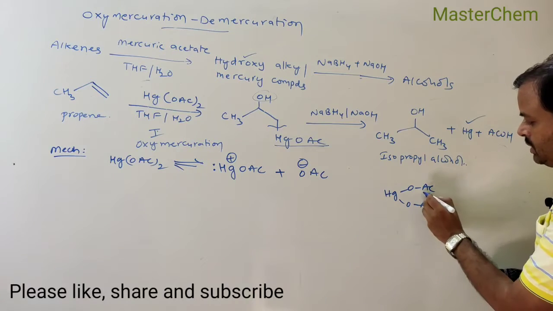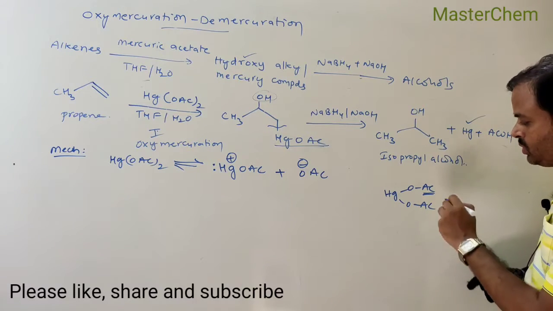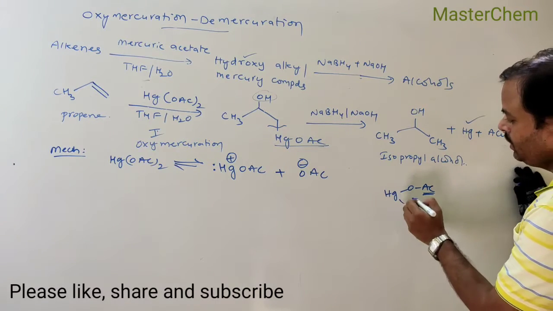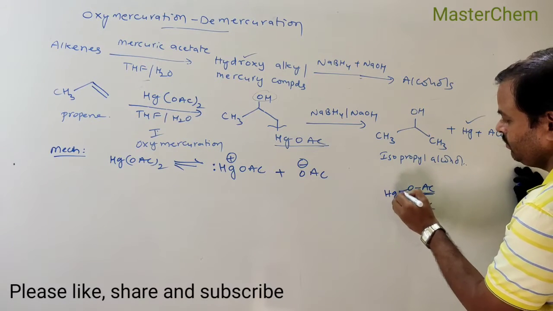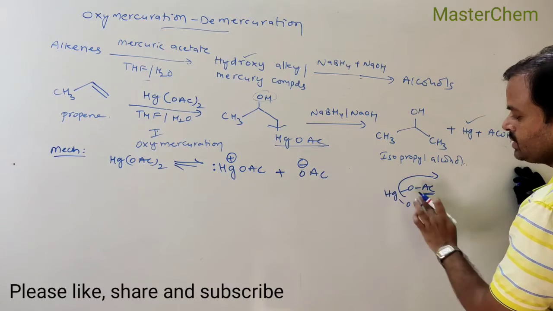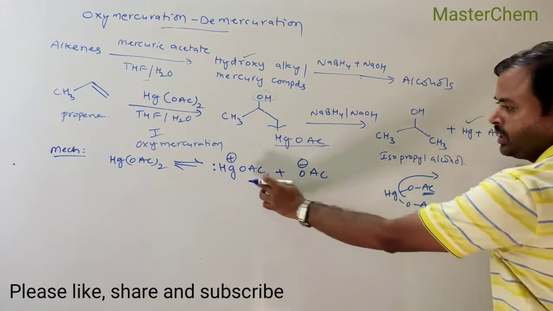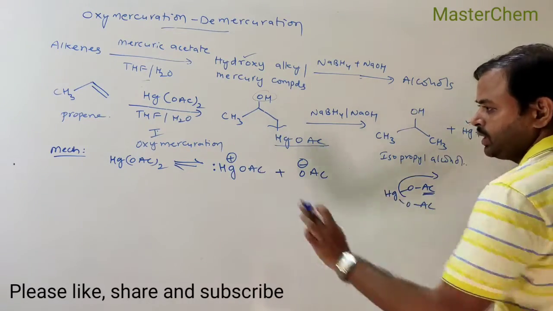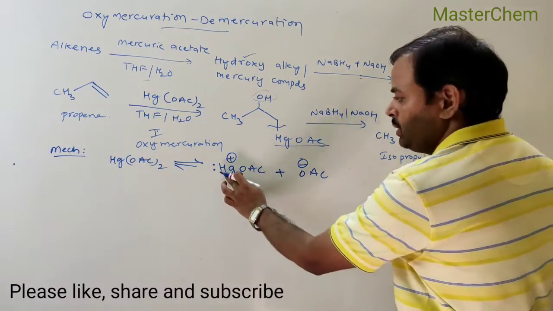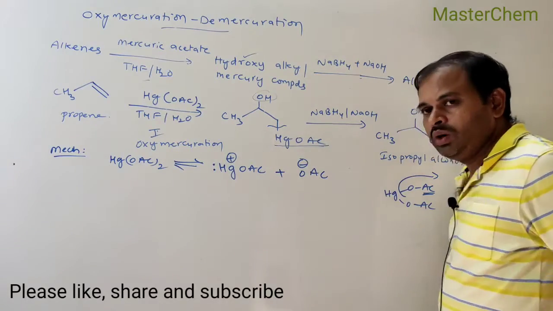AC means the acetyl group, COCH3. Now this OAc will leave as OAc minus. That's why Hg gets a positive charge, and it has one lone pair. It is a metal, so it has one lone pair.